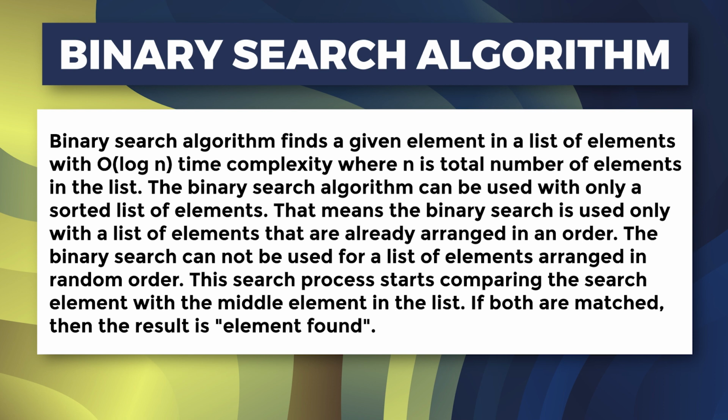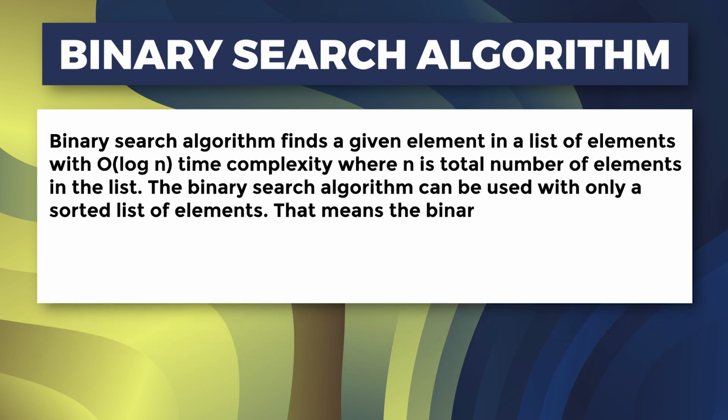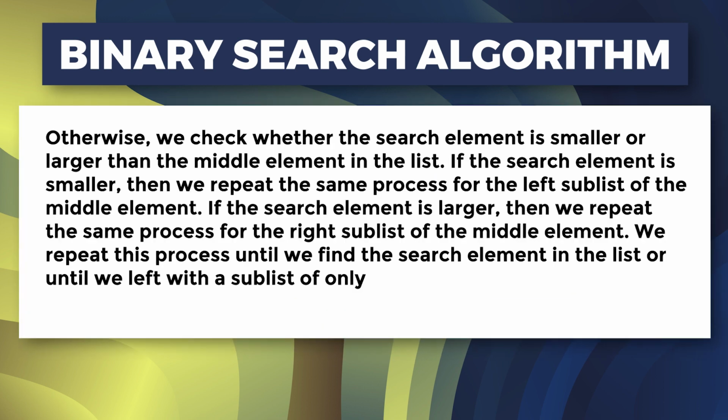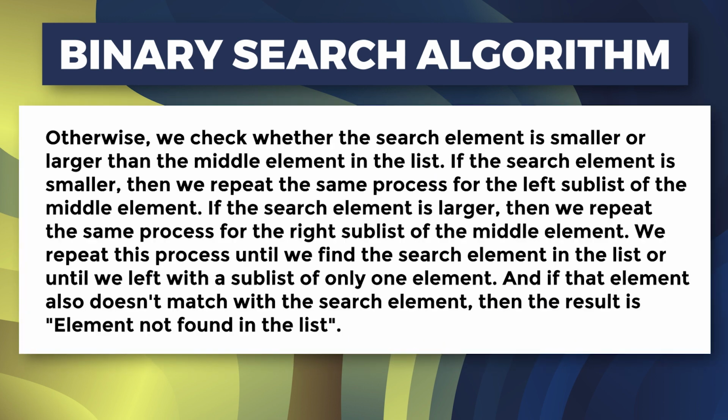This search process starts by comparing the search element with the middle element in the list. If both are matched, then the result is element found. Otherwise, we check whether the search element is smaller or larger than the middle element in the list.